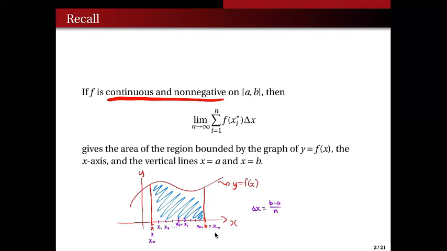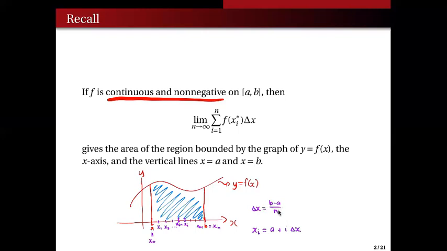Furthermore, x sub i has a formula, given by a plus i delta x, where delta x is (b minus a) over n.